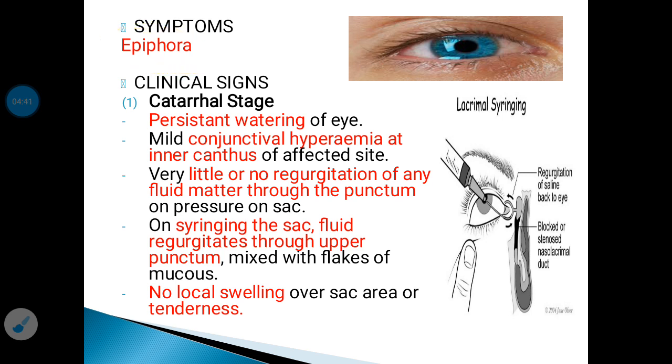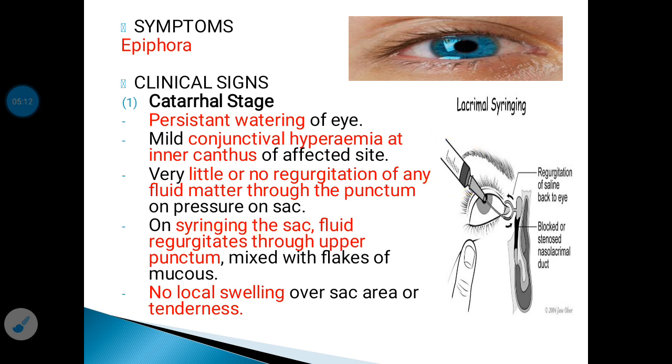Clinical signs can be studied in 3 stages. The first stage is the catarrhal stage. In this stage there will be persistent watering from the eye. There is mild conjunctival hyperemia at the inner canthus of the affected side. There is very little or no regurgitation of any fluid matter through the punctum while applying pressure on the sac.